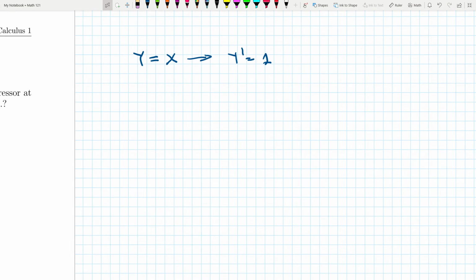This simple function y equals x relates the inputs x to the outputs y. Now, when it comes to finding the derivative of this, the derivative is 1. All those points lie on a line whose slope equals 1.